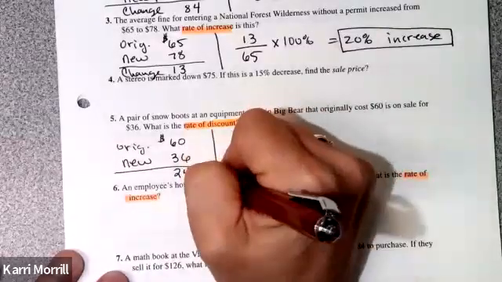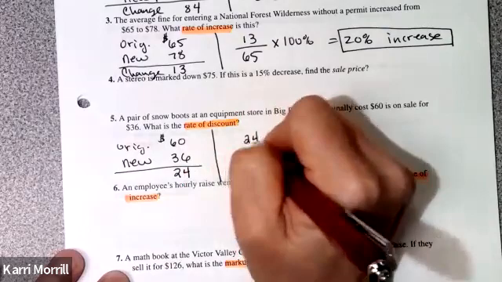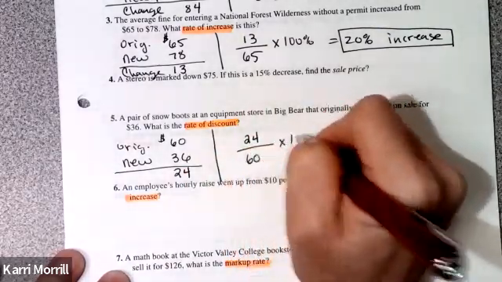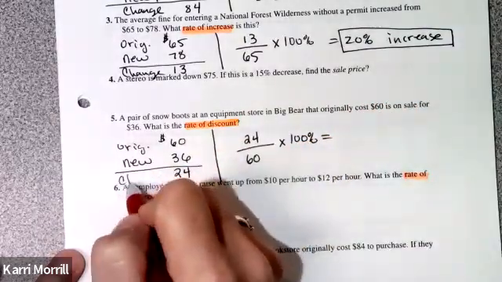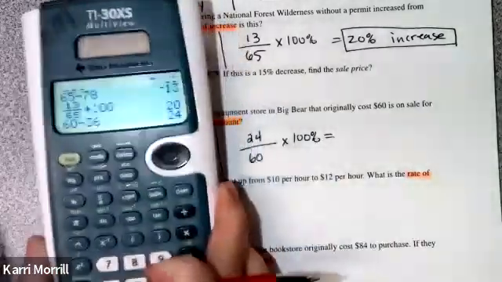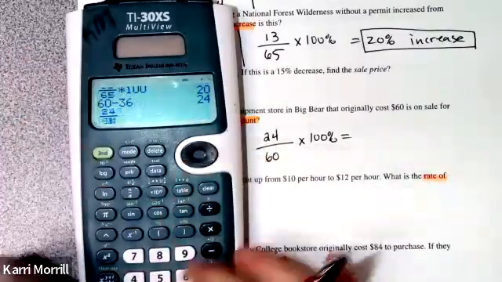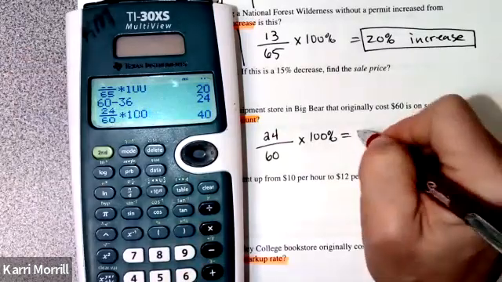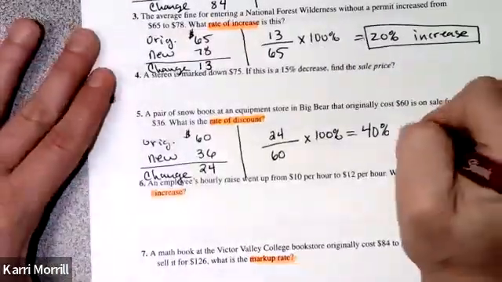So when we set this up, what number goes on the top? 24. What number goes on the bottom? 60 times 100%. So this would be the change amount, the change between the two, the difference, whatever word you like to use. They mean the same thing. They do sound different because they are different words. So this would be a 40% discount.